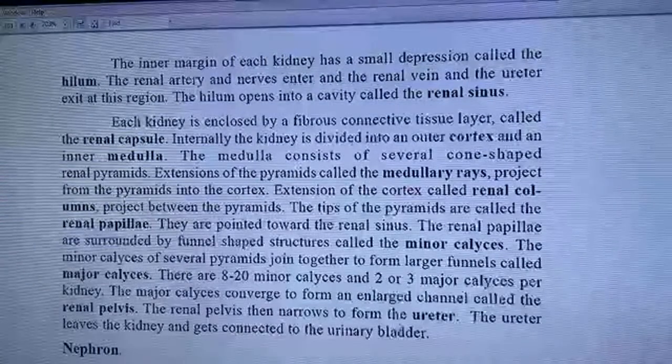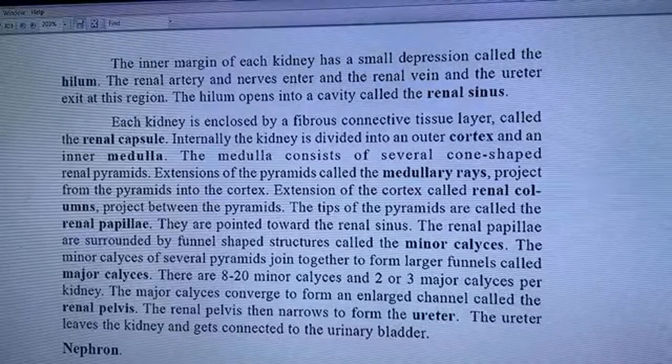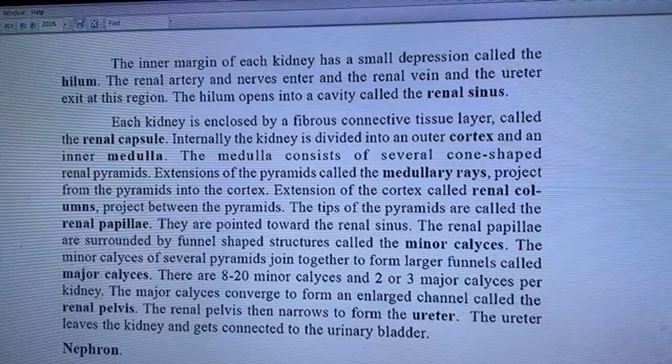The tips of the pyramids are called renal papillae. They point toward the renal sinus. The renal papillae are surrounded by funnel-shaped structures called the minor calyces. The minor calyces of several pyramids join together to form larger funnels called major calyces.